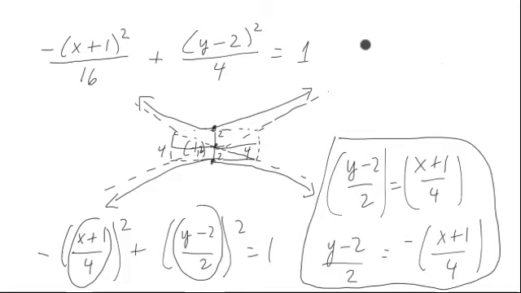Then you would have, multiply by 4, then that cancels. So you get 2y, because this becomes a 2 and a 1, right? So then it's just 2 multiplied into 2y minus 4, this 4's cancel, is equal to x plus 1.